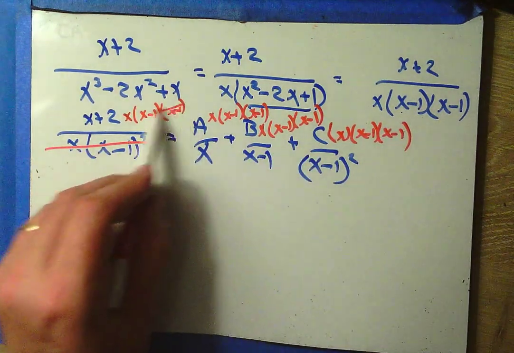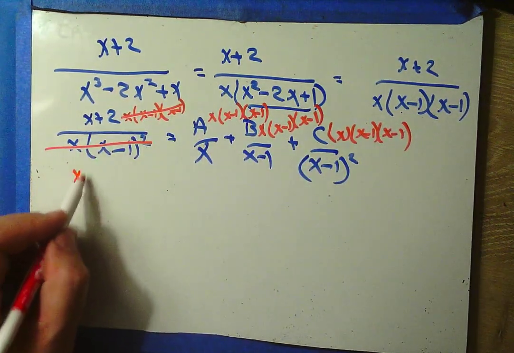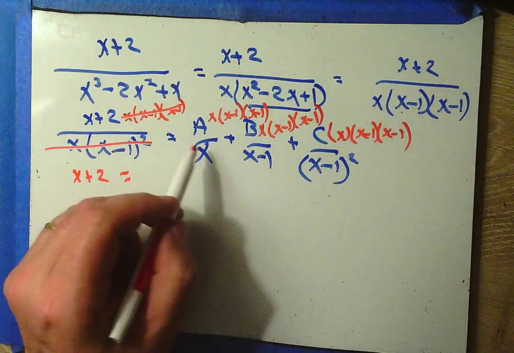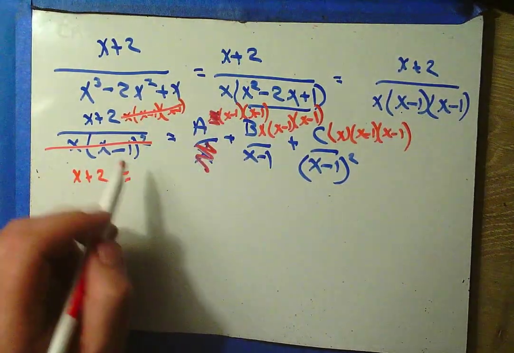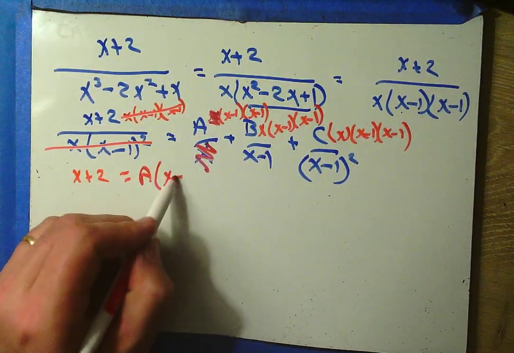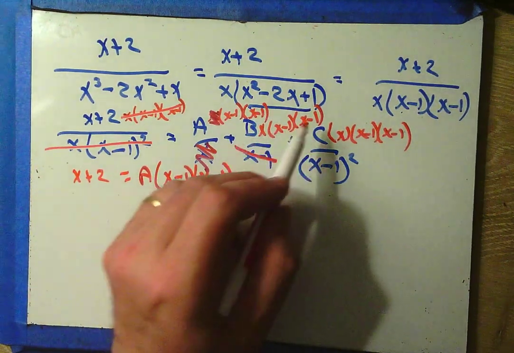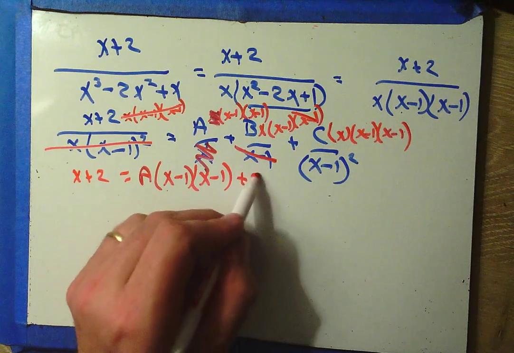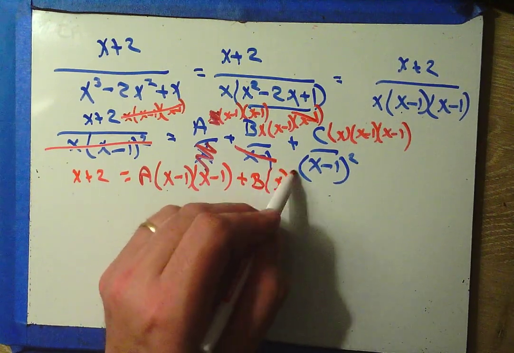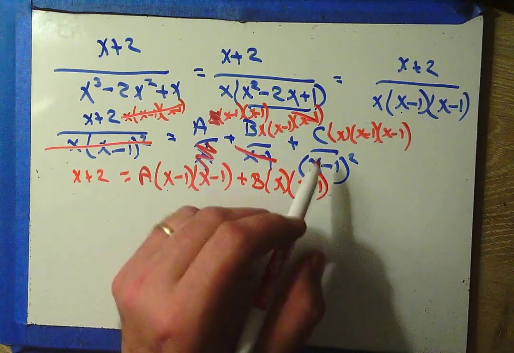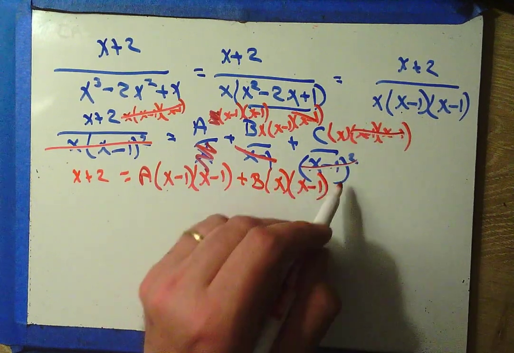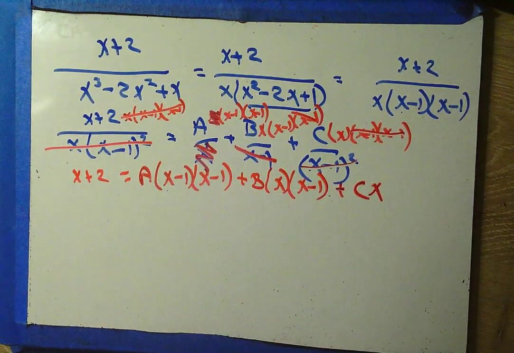So this cancels all of that, leaving me just x plus 2. Over here, this cancels that, leaving me a x minus 1 times x minus 1. This cancels one of those, leaving me b x minus 1. And here these cancel all of these, leaving me c times x.